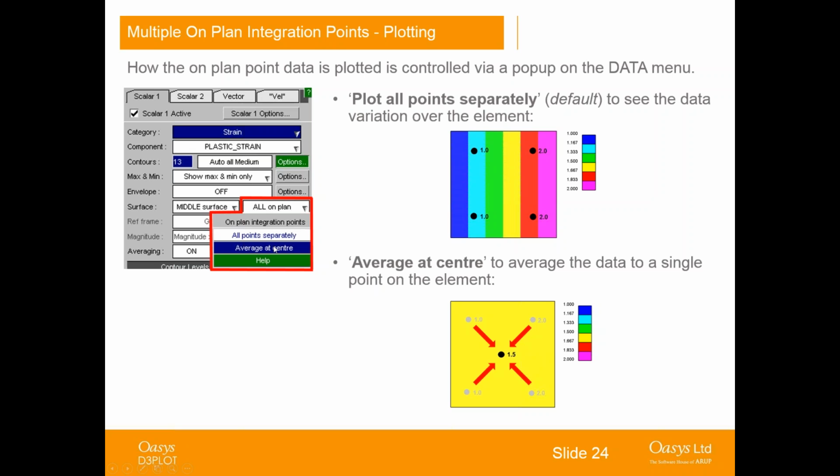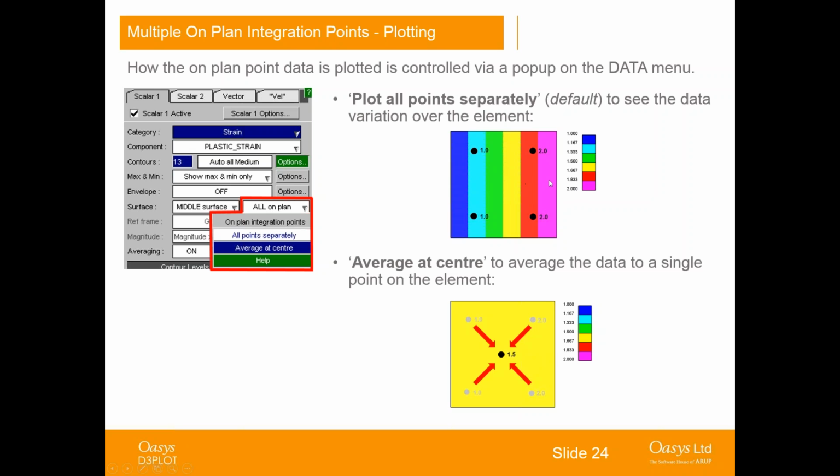The second option is to average at the center. That's the default way that we would have done things in the past. So in this case, we're averaging the values at the center, and the average is 1.5, so we get the yellow contour in the center. Now, just going back to the top value here, this rainbow color is actually showing what D3plot would show.